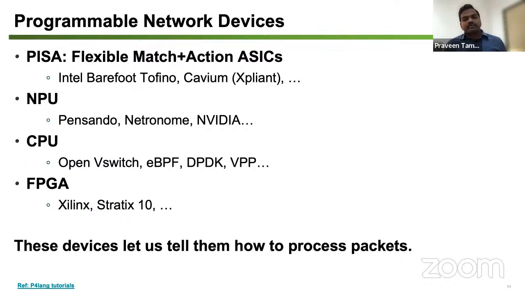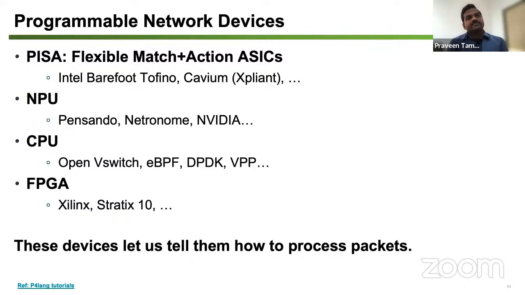And some of the programmable network devices that are out there in different environments and different capacities, where typically you have switches like Intel Barefoot Tofino or Cavium XPN, and smart network processor-based SmartNICs from Netronome and NVIDIA that enable you to program using P4.